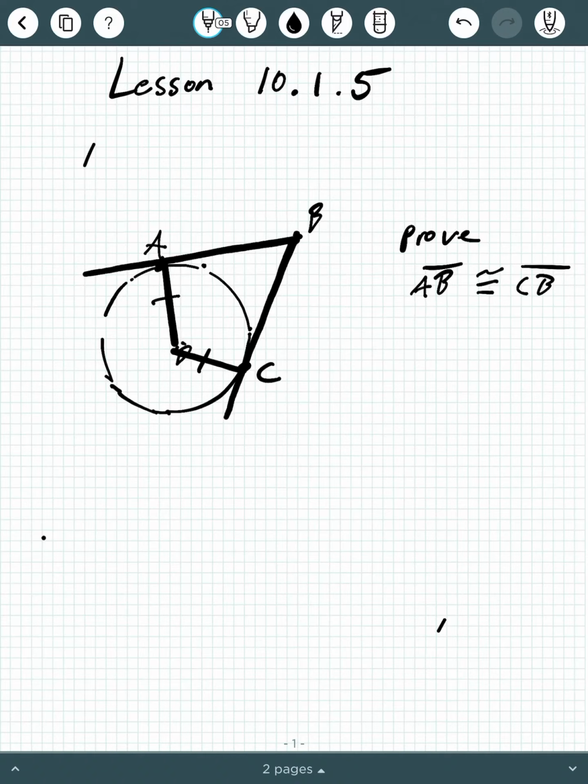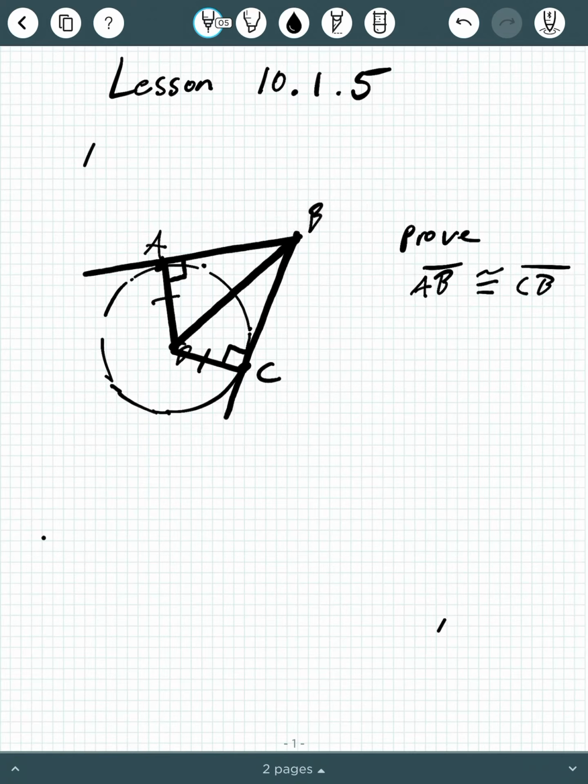I also need to use one other important property, which was that any radius that met a line tangent to a circle would be perpendicular. So I'll draw those right angles. The final thing I can do is draw a line connecting B and D.